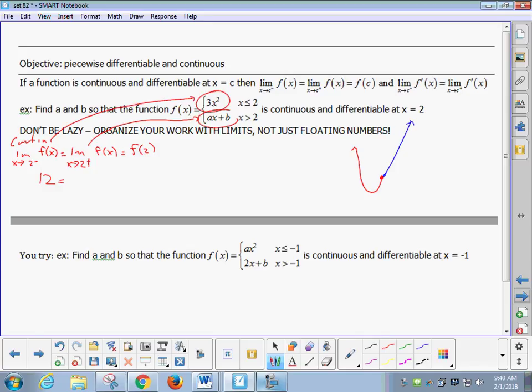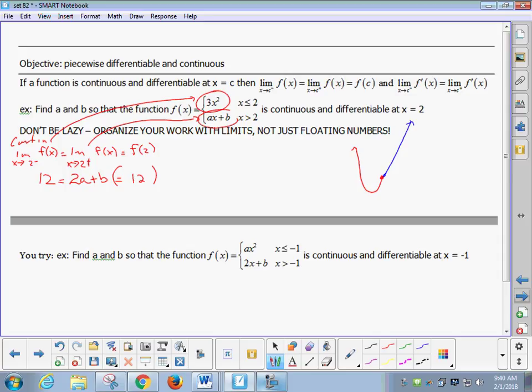As x goes to 2, it approaches 2a plus b. And I think you'll agree that f is defined at 2, so it has a chance of continuity. It would also be 12, right? I don't know if you need to include that again. That's great, but it doesn't get you enough.